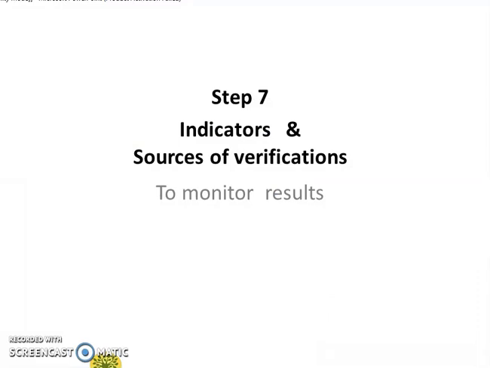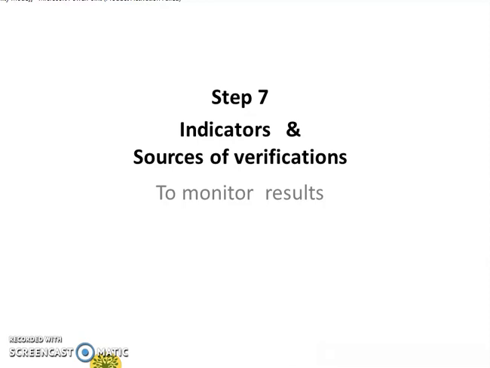The 7th step is indicators and source of verification. Actually, the project achievement should have its own indicator. Whether a given project is achieved or not should be read from the indicators or against some measures.